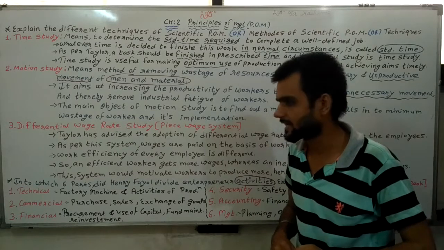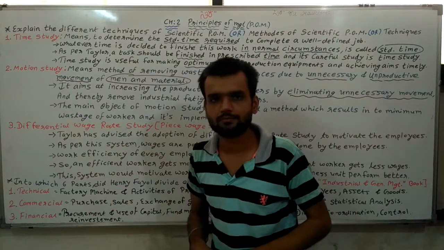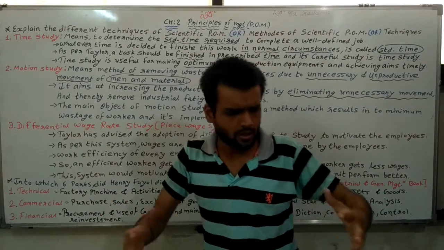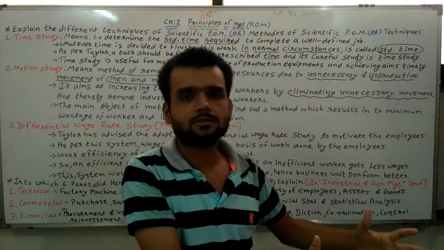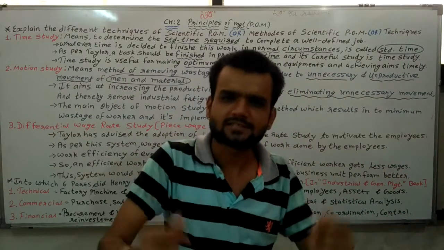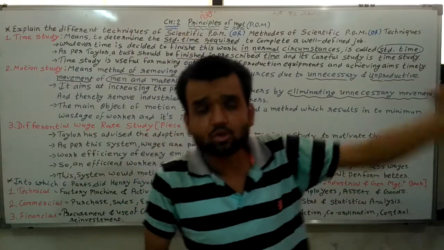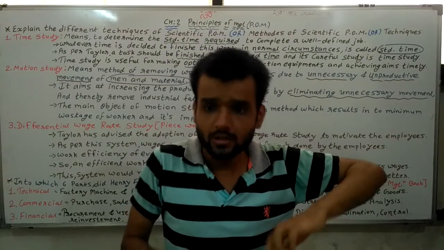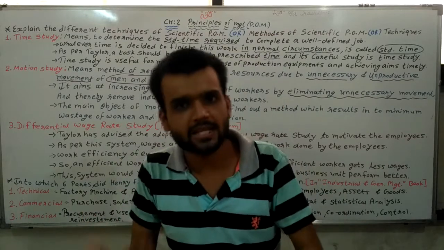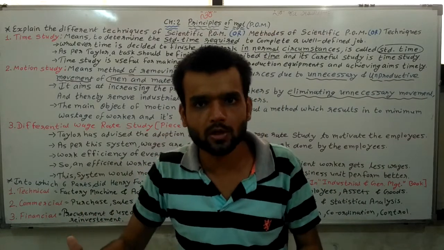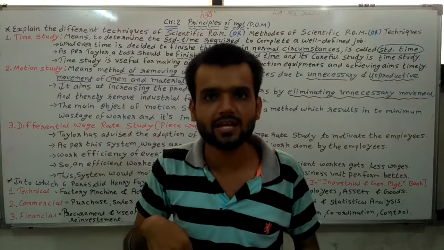Second part is commercial. Simple logic. If I am producing, then what is my target? Sell it in the market. To produce, purchase raw material, then sell it. Sometimes if goods are not proper, a return is there.